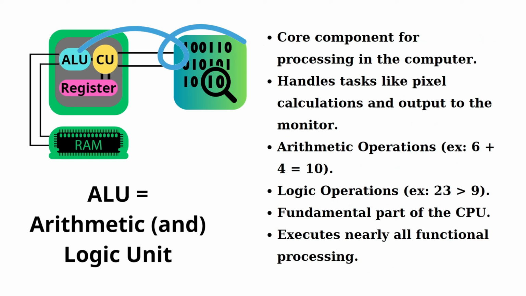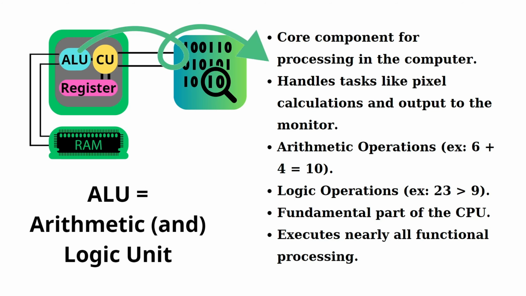The arithmetic and logic unit, ALU, is the core processing component of your computer. As you interact with your screen, such as scrolling through a text box, the ALU is actively handling pixel adjustments and transmitting the results to your monitor.